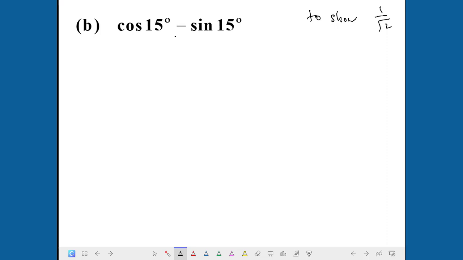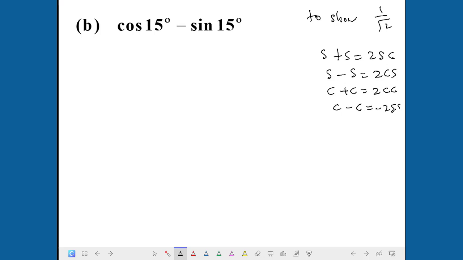You have sine plus sine equal to 2 sine cos, or sine minus sine equal to 2 cos sine, or cos plus cos equal to 2 cos cos, or the fourth one, cos minus cos, is equal to negative 2 sine sine.